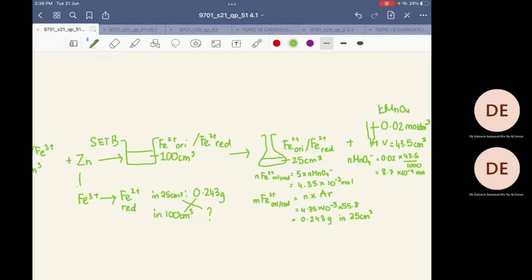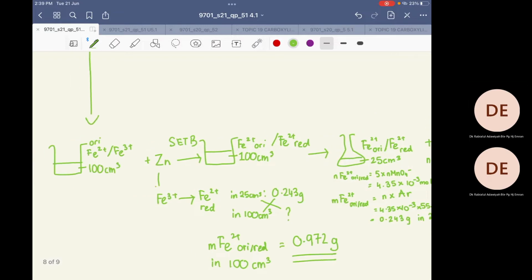So 0.243 times 100 divided by 25. So the mass of Fe2+ ori and reduced in 100 cm³ is 0.972 grams. Do you all agree? And that is your answer for part 2.